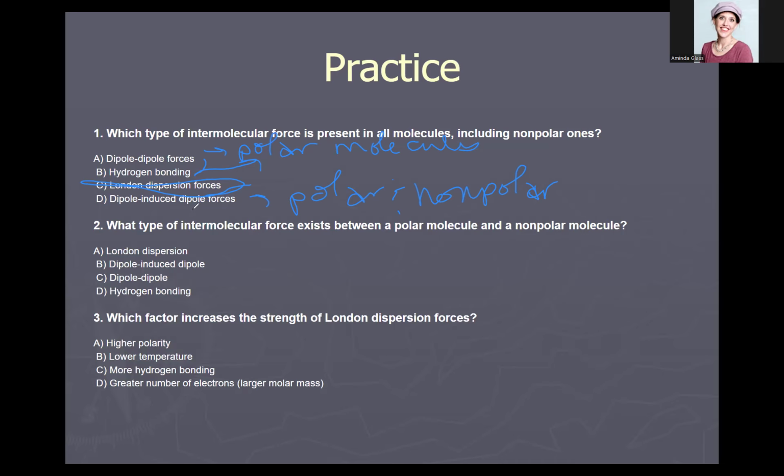Now, what type of intermolecular force exists between a polar molecule and a nonpolar molecule? So polar and nonpolar, this is your dipole-induced pole. Which factor increases the strength of London dispersion forces?